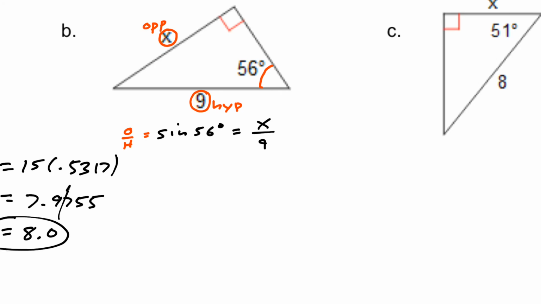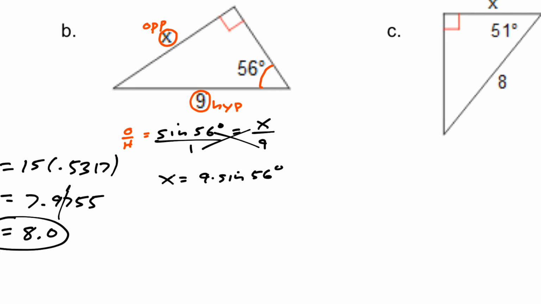So what I'm going to do is, first of all, I'm going to put the sine of 56 over 1, and then I'm just going to do my cross products right now, just the way it's written. So my first cross product here would be 1 times x. Well, that's just x. And then my other cross product is the sine of 56 degrees times 9. Or I could write it this way, 9 times the sine of 56 degrees.